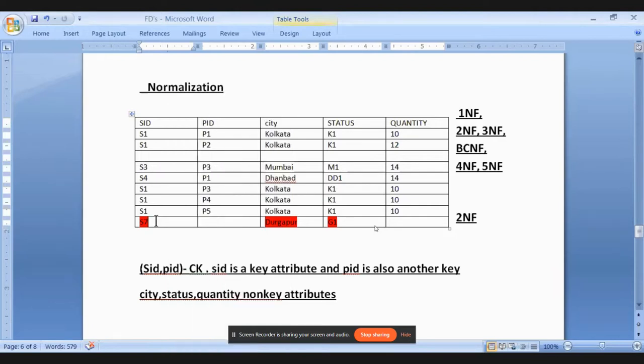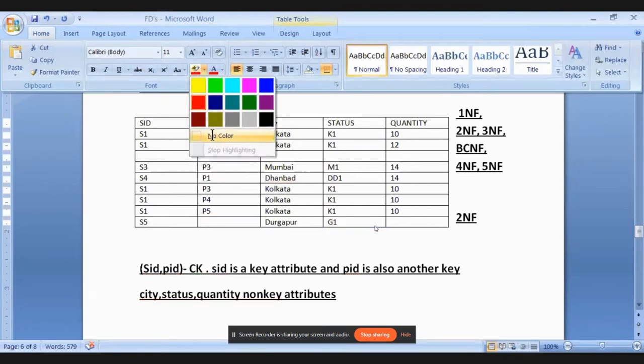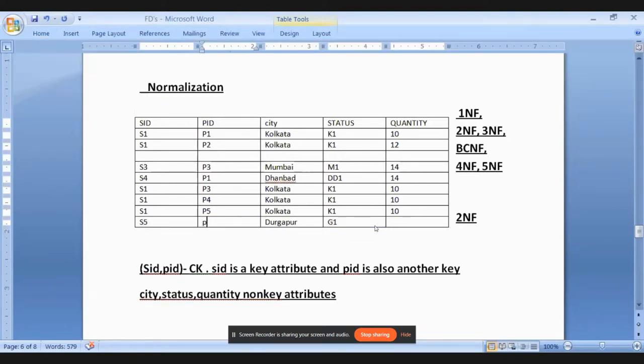S5 is a supplier who supplies the product P1. Let us assume this was already present. S5 stays in Kolkata. Multiple suppliers can stay in a single city; in Kolkata there can be other suppliers, and in Delhi too. The status of Kolkata is K1 and the quantity is 12.